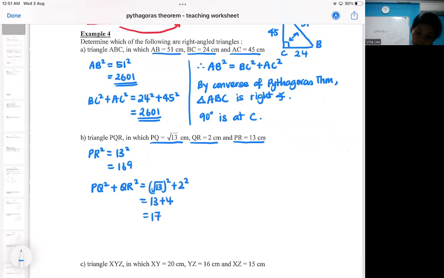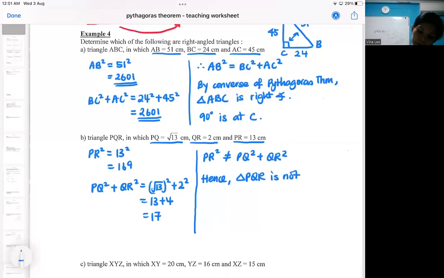You realize that it doesn't match up. So if it doesn't match up, we just say PR squared is not equal to PQ squared plus QR squared. Hence, triangle PQR is not a right angle triangle.